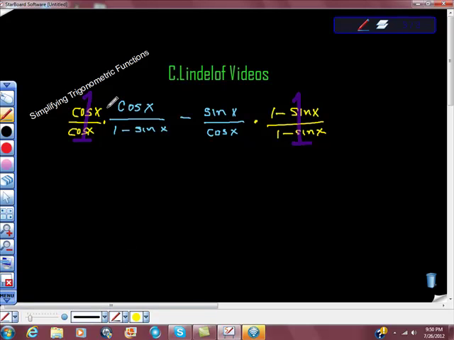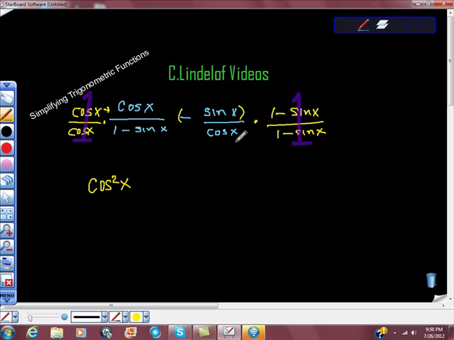So I'm going to go ahead and multiply across here, and I'm going to get cosine times cosine is cosine squared x, not cosine x squared. That's a different argument, right? This piece right here is called the argument. And look at this for a second. This is negative sine x.